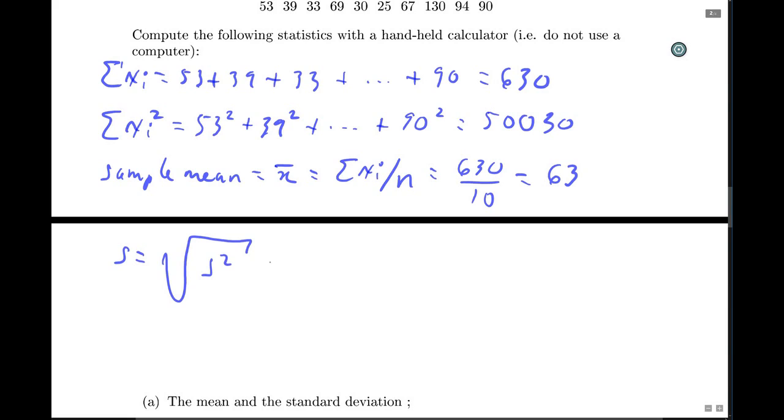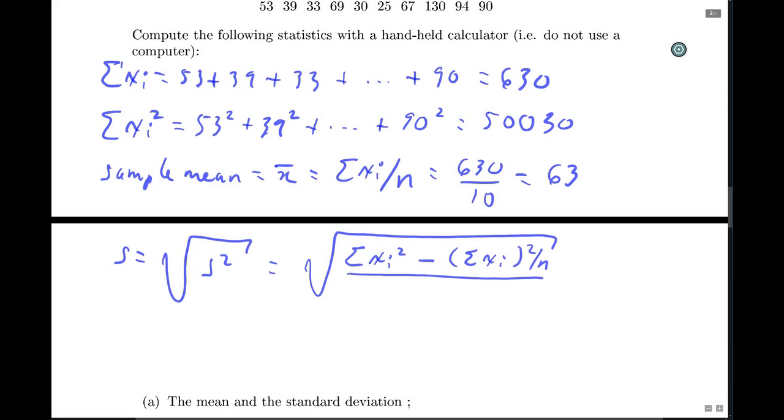And how do I compute the sample variance? There are a couple of different ways. One shortcut formula is the following. It's the sum of the squares minus the square of the total, and then that square I'll divide by n, and then all of this, the difference, I divide by n minus 1.